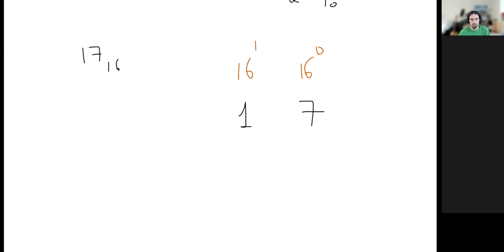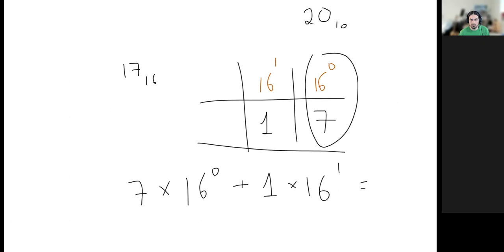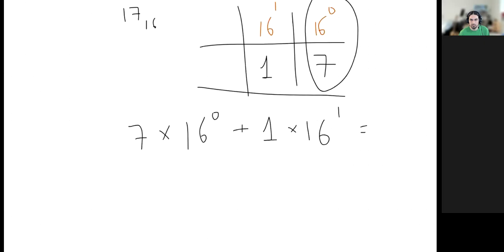And then you do the same thing that we did before. Take the pairs, multiply, add to the other pairs. So 7 times 16 to the 0 plus 1, the other digit, times 16 to the 1. Do the math. That is going to give you 7 plus 16, which gives you 23.